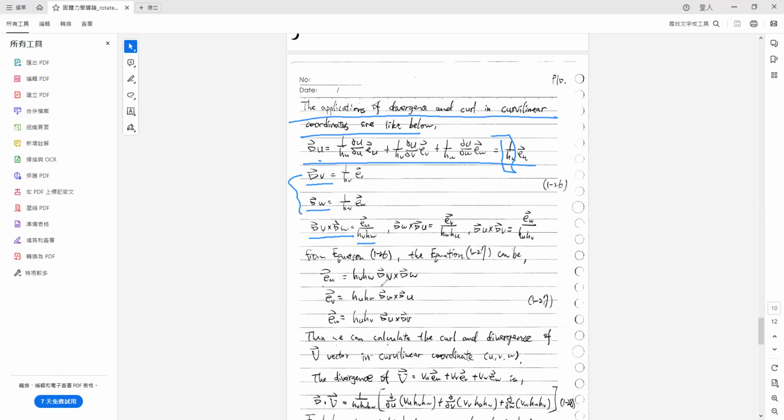Then we can get equation 1.27: vector EU equals HV HW gradient of V cross gradient of W. And we can get vector EV and vector EW.